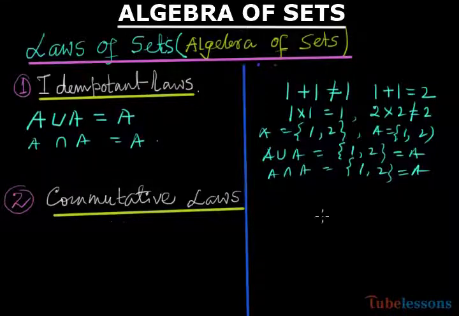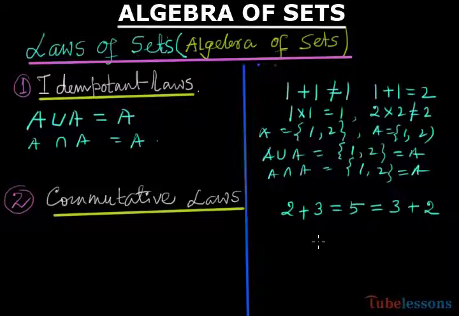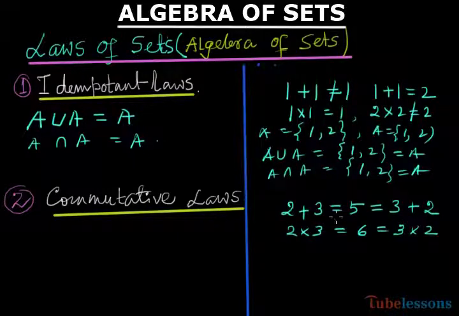Commutative law. We know 2 plus 3 is equal to 5, and that can be written as 3 plus 2. 2 into 3 is equal to 6, and 3 into 2 is also 6.